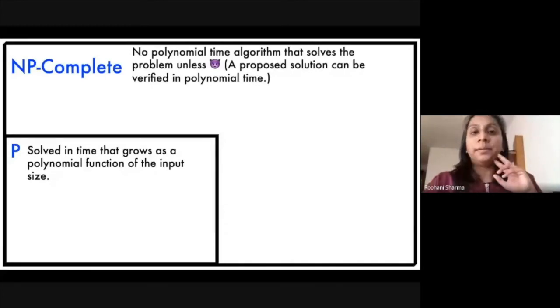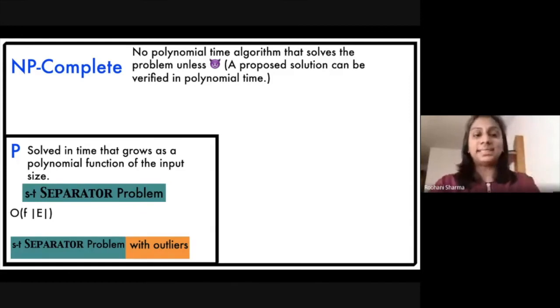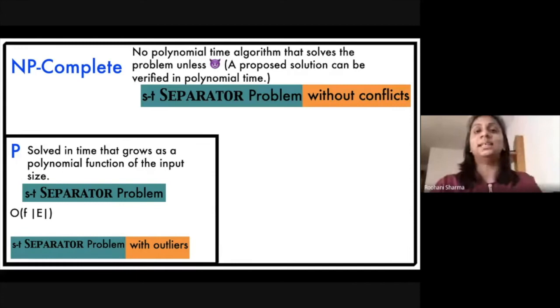But for these problems, there is a polynomial time algorithm which can always verify a proposed solution. Having these two classes, what really happens here is that the ST separator problem and the ST separator with outliers problem lie in the P class, whereas the ST separator with conflicts problem is NP-complete. So we don't expect a very good algorithm for this problem.